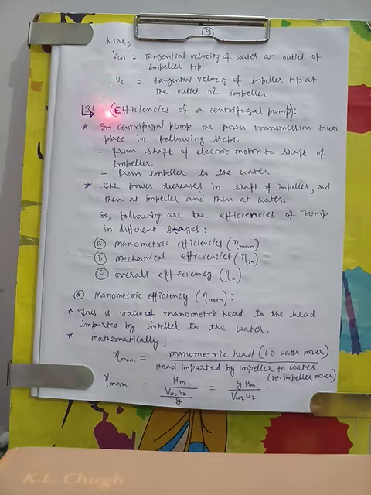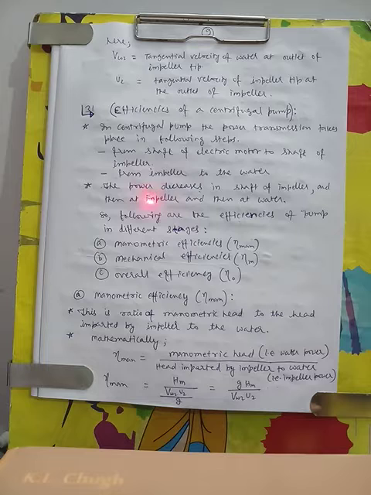Now we will see the efficiencies of a centrifugal pump. In a centrifugal pump, the power transmission takes place in the following steps: from the shaft of the electric motor to the shaft of the impeller, and from the impeller to the water.